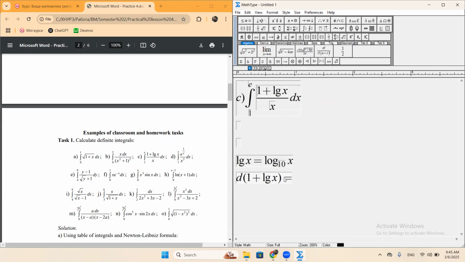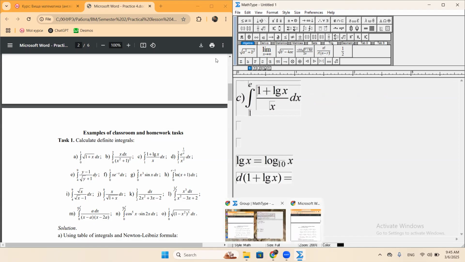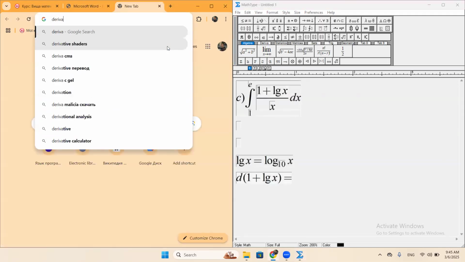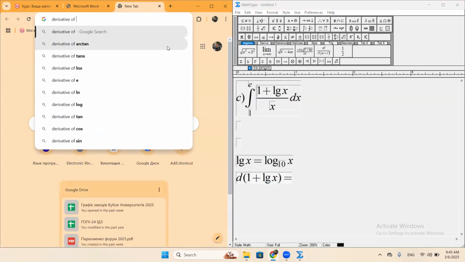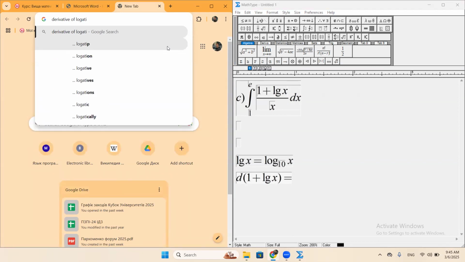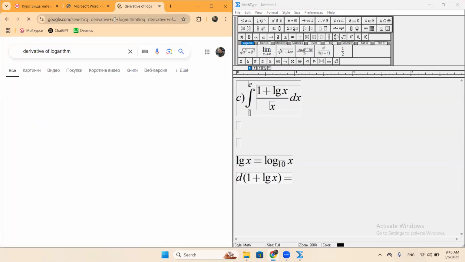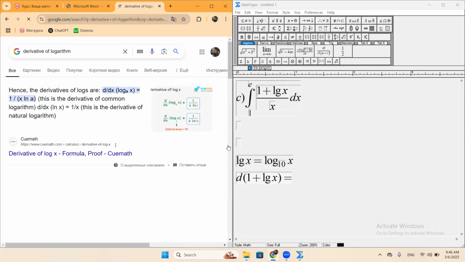If I'm not mistaken, the derivative of a logarithm that is not natural requires us to divide by the natural logarithm of 10.